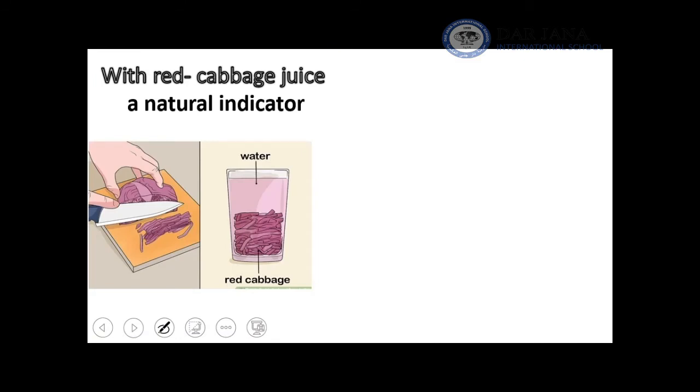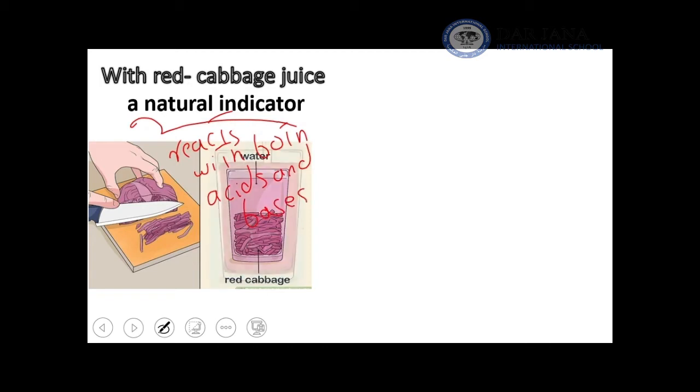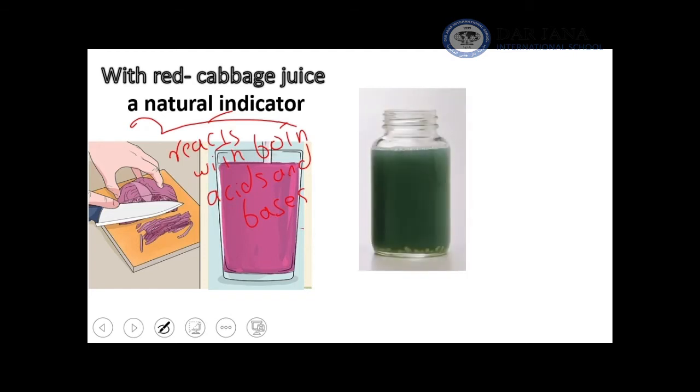So first, red cabbage juice is a neutral indicator. So red cabbage juice reacts with both acids and bases. Okay? So if you take the red cabbage juice, if you mix it with a base, it will change its color into green.